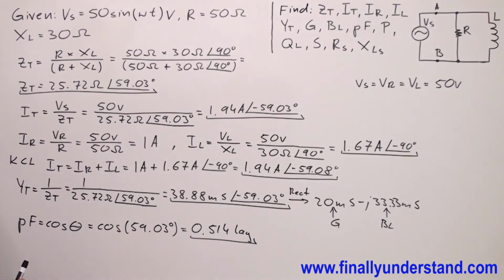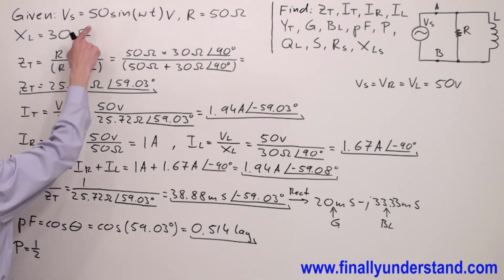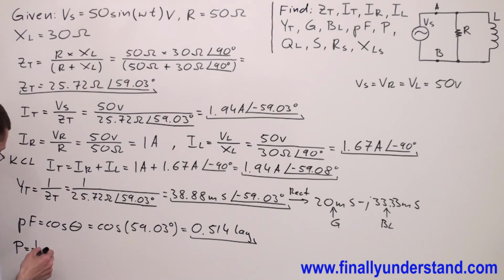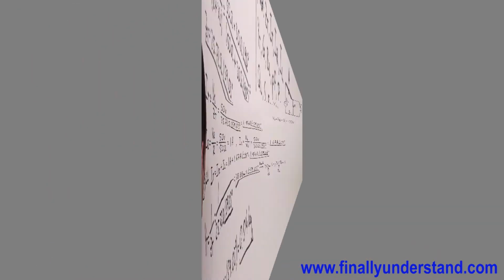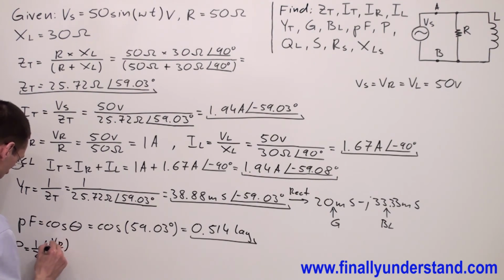Next, we're supposed to find the true power. P true is equal to 1/2. I'm supposed to use 1/2 because I'm dealing with the peak value, so it is equal to 1/2 times voltage across the resistor raised to the second power over resistance.